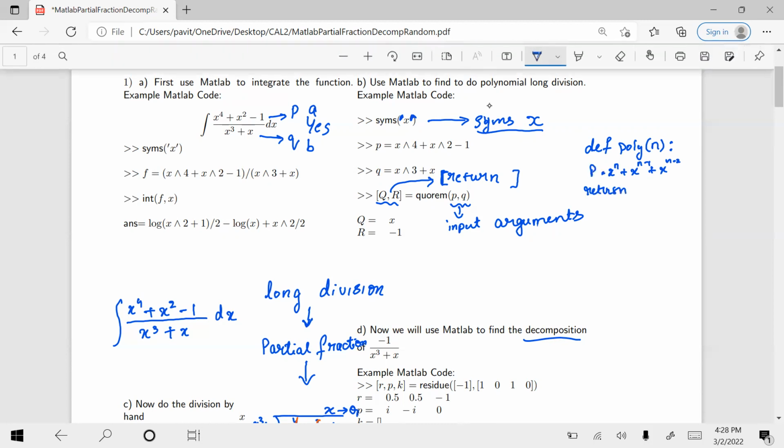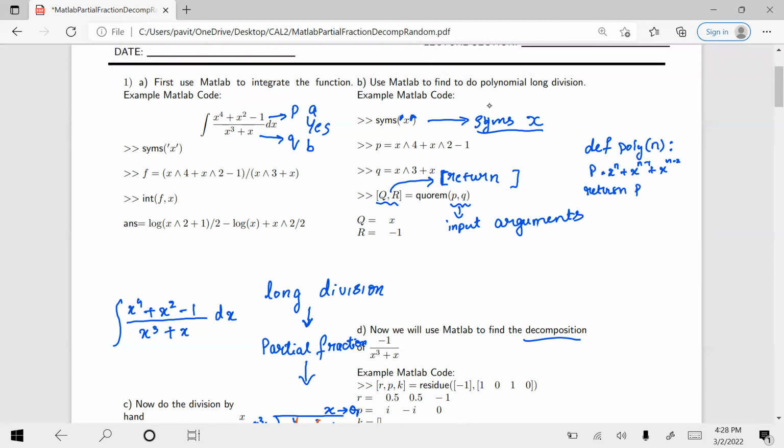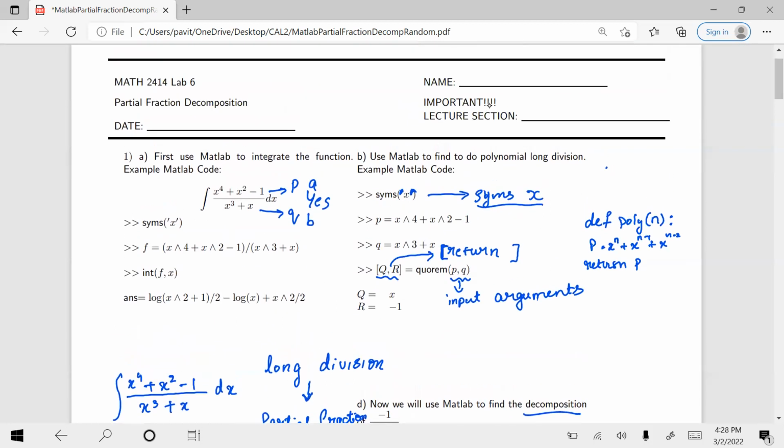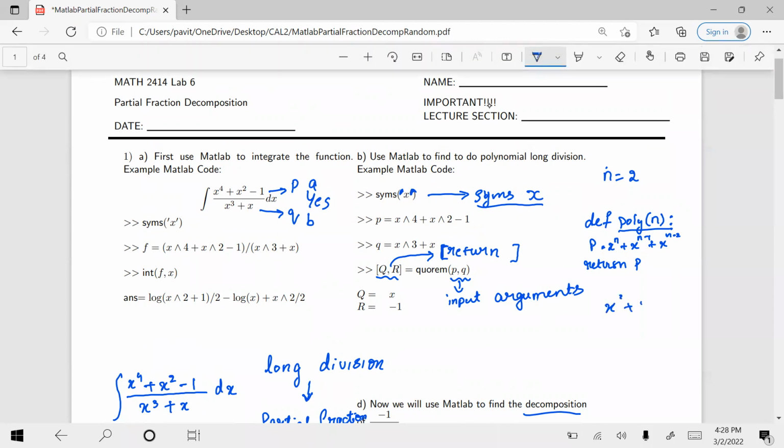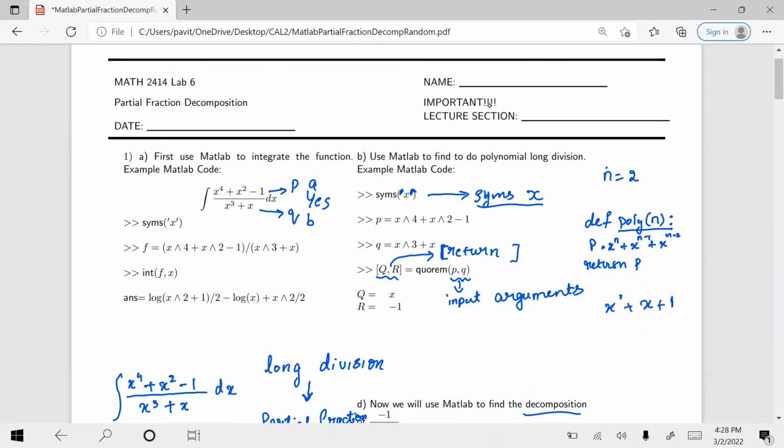I will take it as P, return P. So whenever I give n equal to 2 and call this function POLY, it will give me x square plus x plus 1.